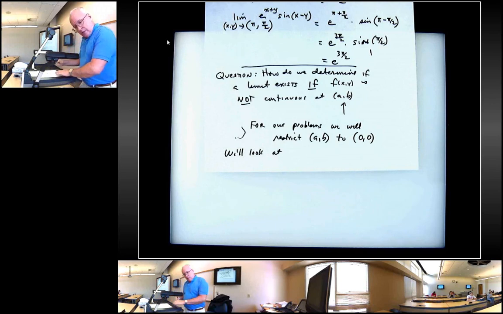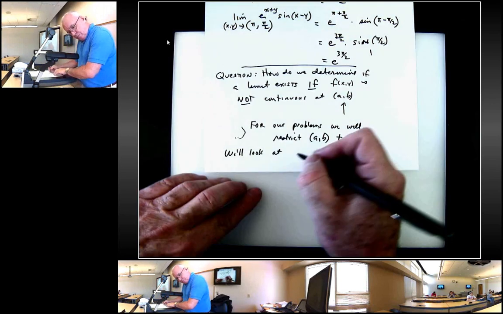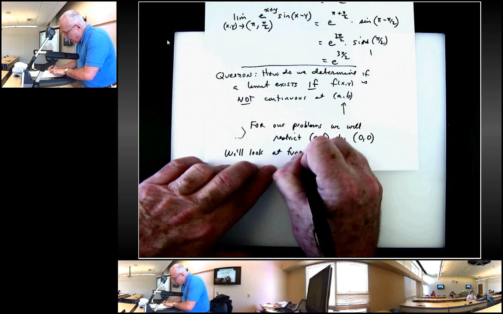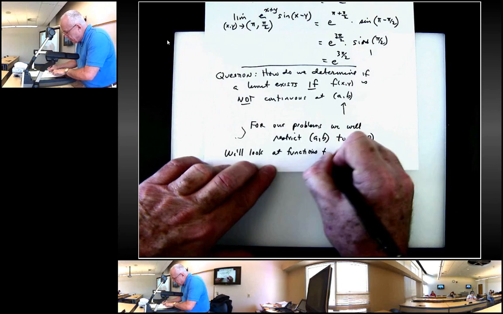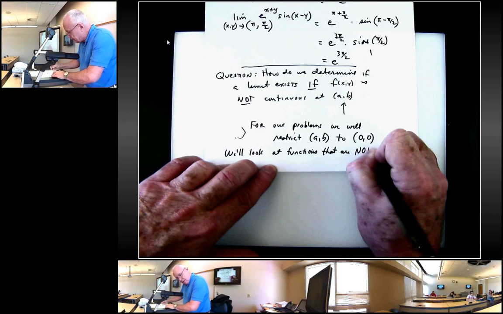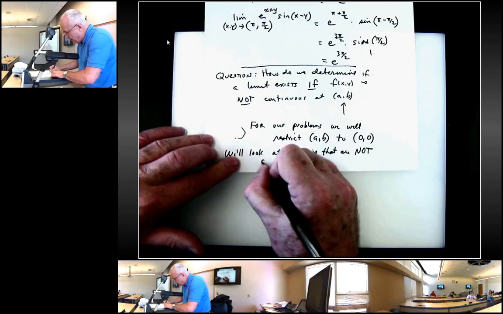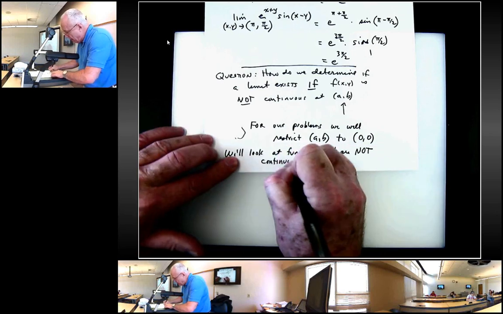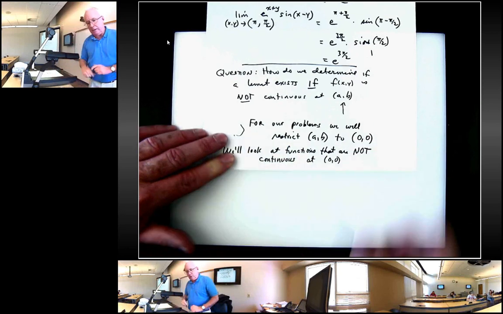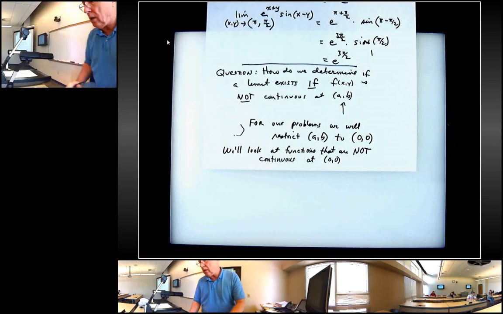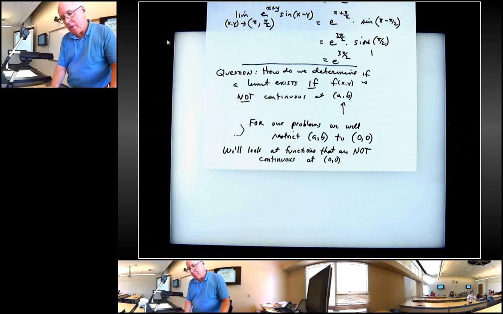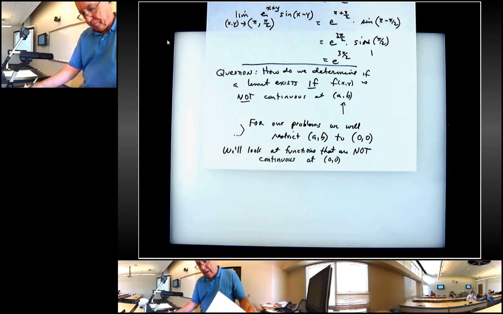So we will look at functions that are not continuous at (0, 0).